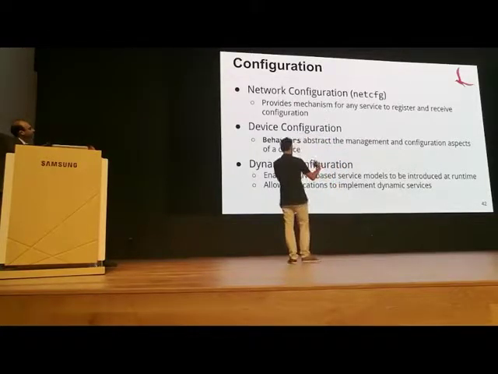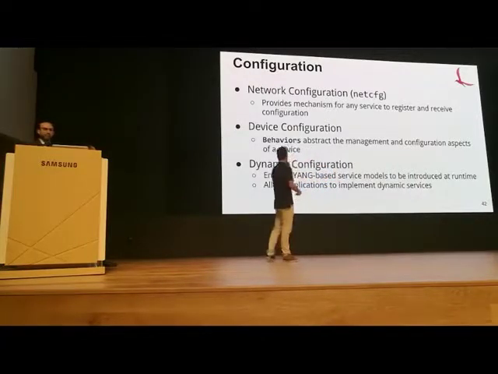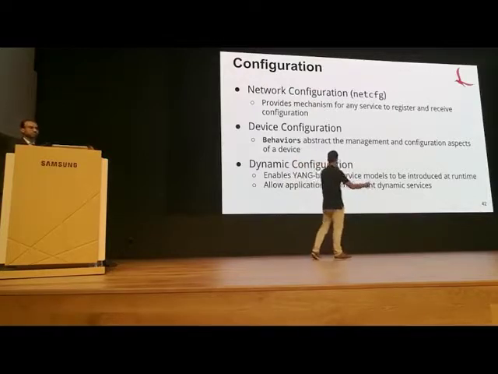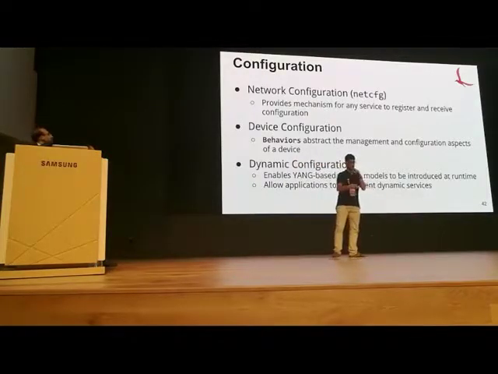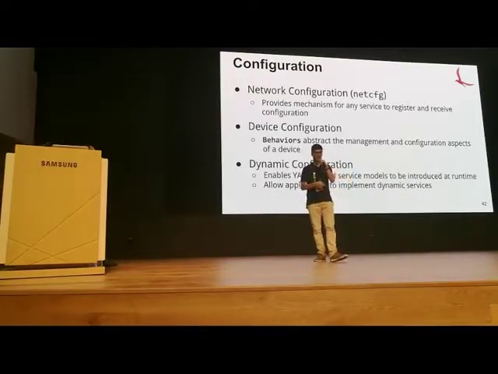Then we have device configuration through behaviors, which I will talk about later. And then we also have dynamic configuration, which basically takes your Yang model and introduces it at runtime to allow dynamic implementation of dynamic services.